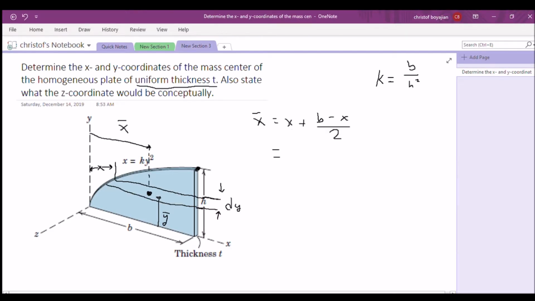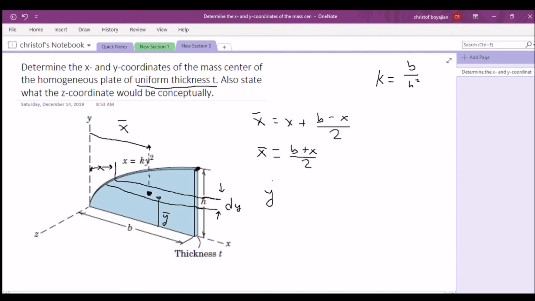If you get a common denominator with the x, this simplifies to (b plus x) over 2. So that's the equivalent way of writing this. But the idea I want you to see is how you can find these coordinates of the x bar and the y bar.